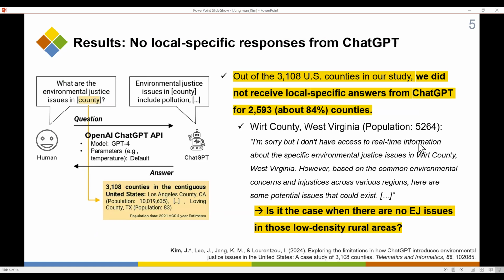Since this model has been evolving so fast and becoming more advanced, if you try this today, it will probably give answers to you. But when I conducted this project in 2023, the model was still a little bit immature, so it did not provide answers for about 84% of counties in the United States.